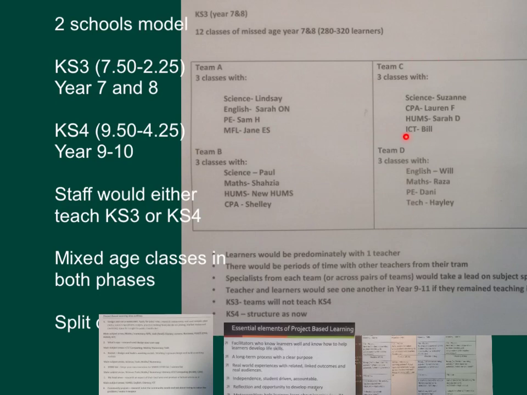And we've put here for teachers in each of those teams, which, as I say, could be family teams. What you could then do is say that the learners would stay in those families when they move up to the Key Stage 4 school, and where possible the staff could move up too, and certainly the staff could stay within their family pair.